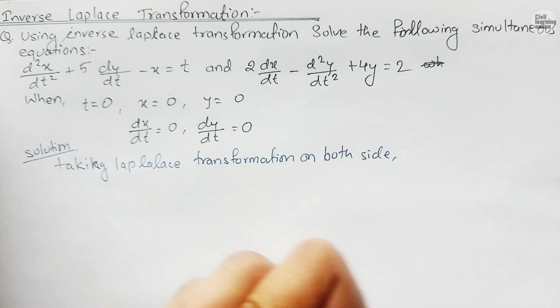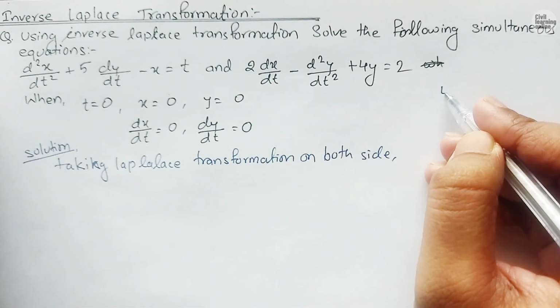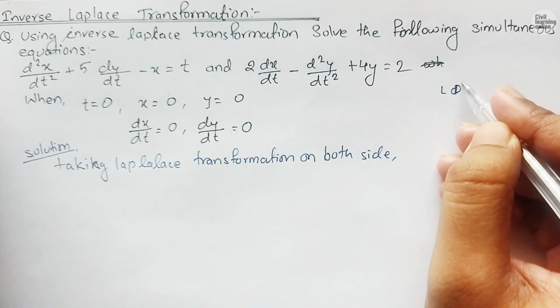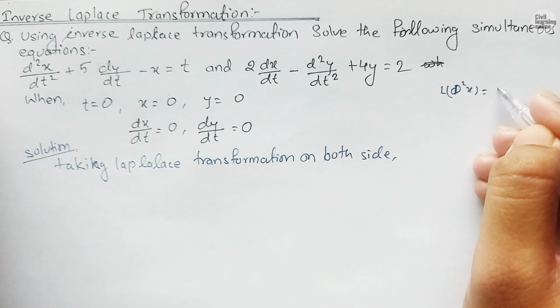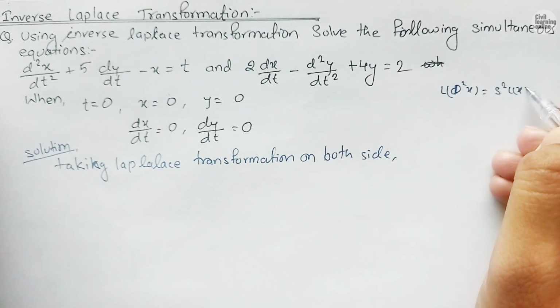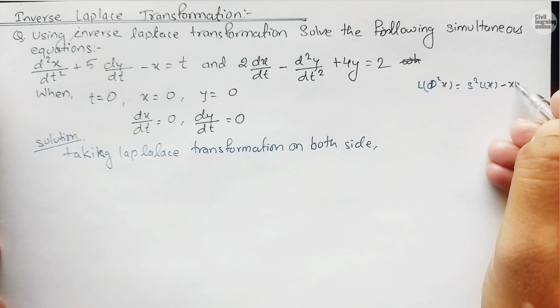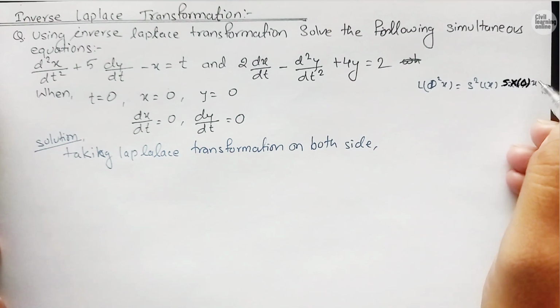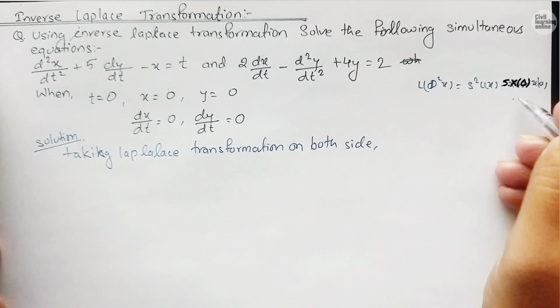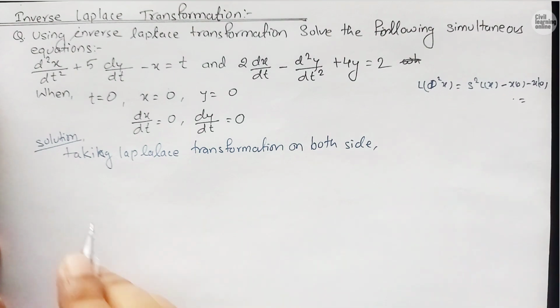I hope you remember the formula, that Laplace transformation of d square x will equal s square Laplace transformation of x minus x0 minus x dash 0. So we have to use this formula here.